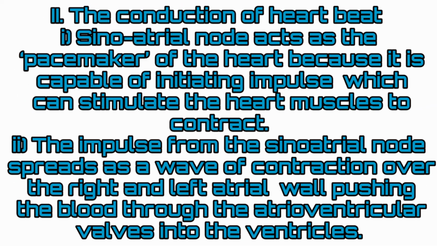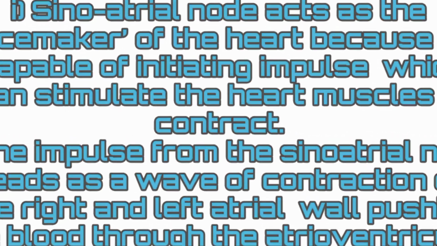The sinoatrial node acts as a pacemaker of the heart because it is capable of initiating an impulse which can stimulate the heart muscles to contract. The impulse from the sinoatrial node spreads as a wave of contraction over the right and left atrial wall, pushing the blood through atrioventricular valves into the ventricles.